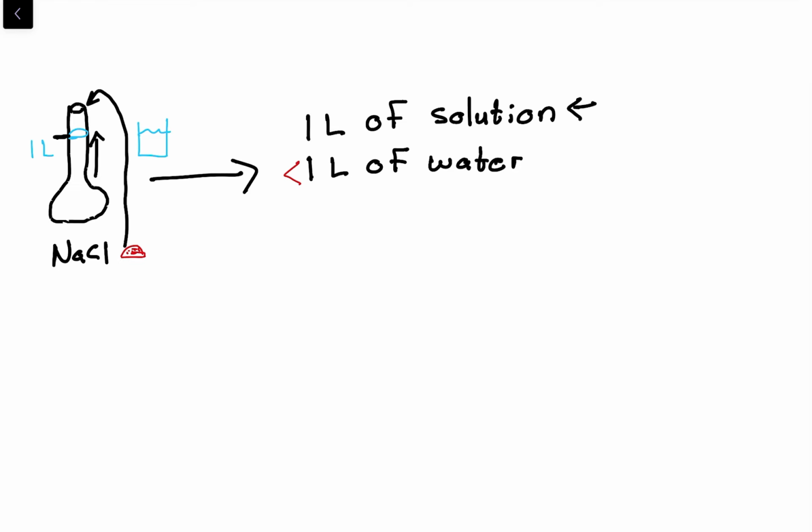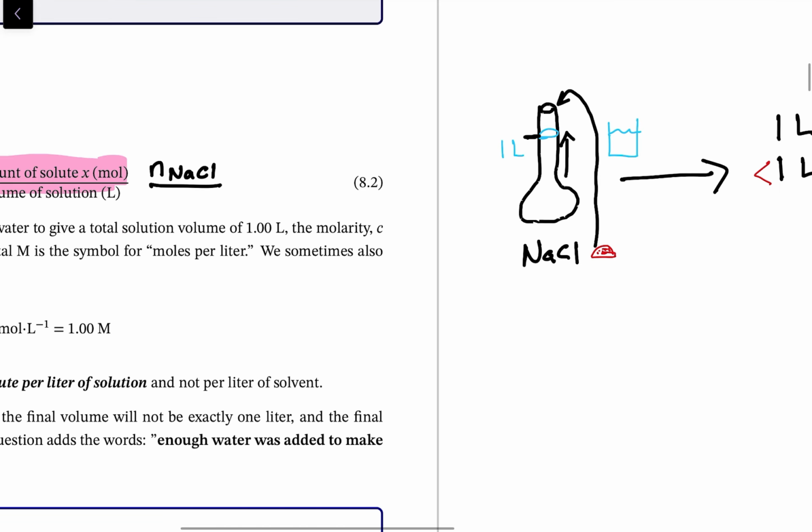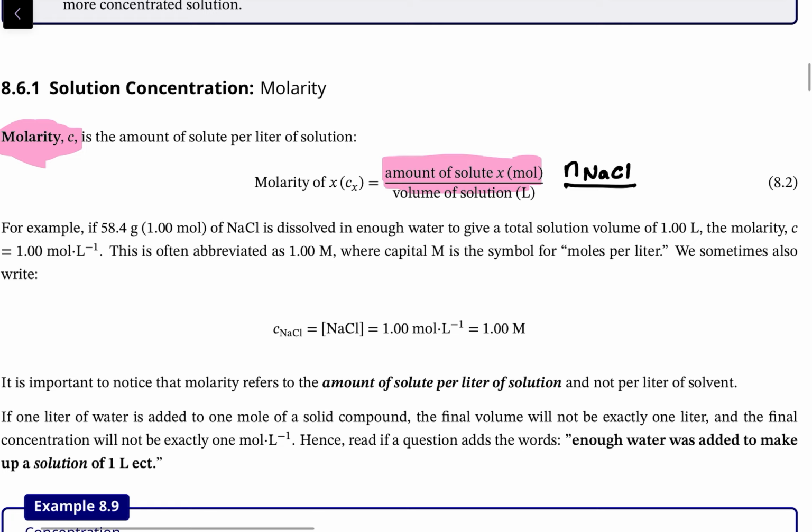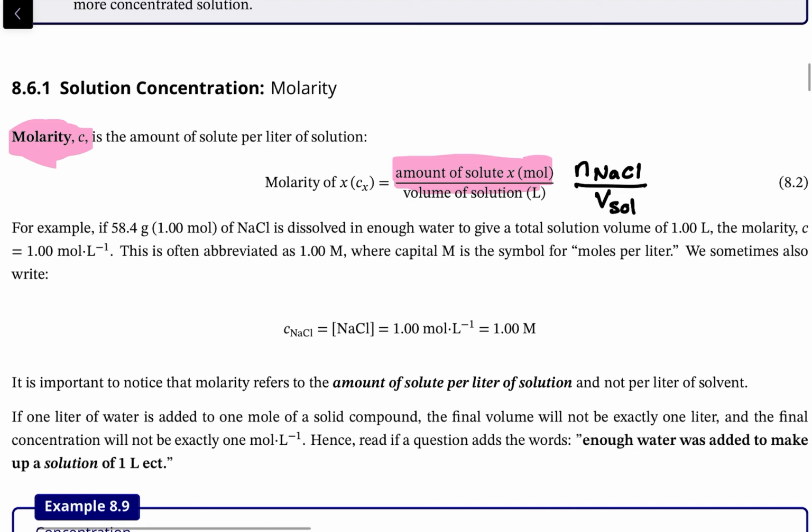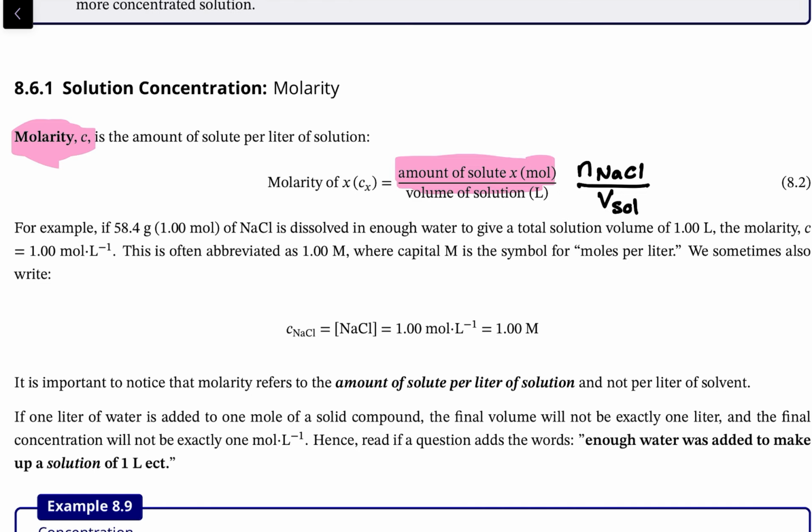You could have added 0.999 liter of water, but you care eventually about to what point you add that volume. So it's the volume of your solution, not volume of water added.